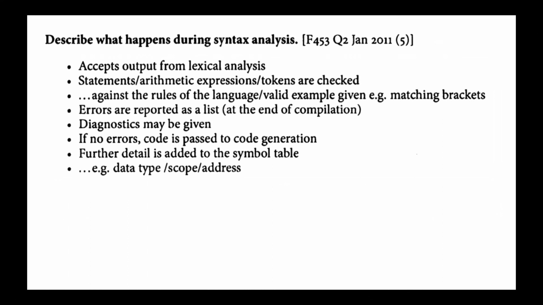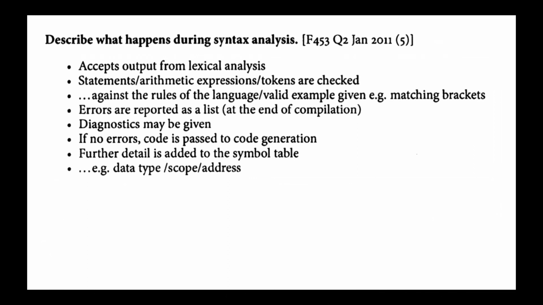Another example you could have given is every if has a matching end if. Errors are reported as a list at the end of compilation. Diagnostics may be given. If no errors, code is passed to code generation. Further detail is added to the symbol table, such as the data type, scope and address of the data.